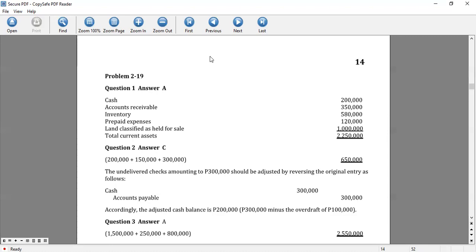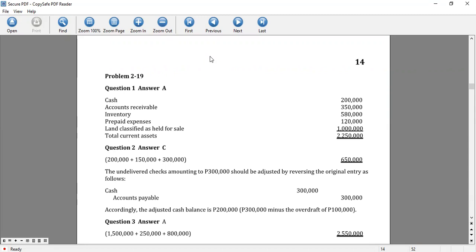So 300,000 minus the overdraft of 100,000. Then we record accounts receivable of 350,000, inventory of 580,000, prepaid expenses of 120,000, and land classified as held for sale, leading to the total current assets.